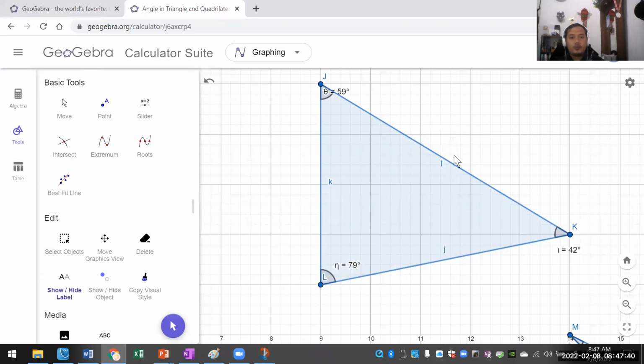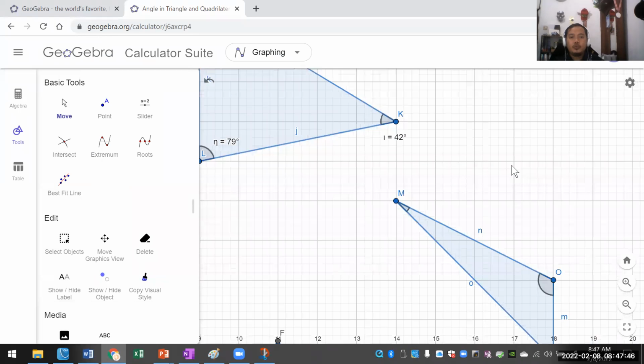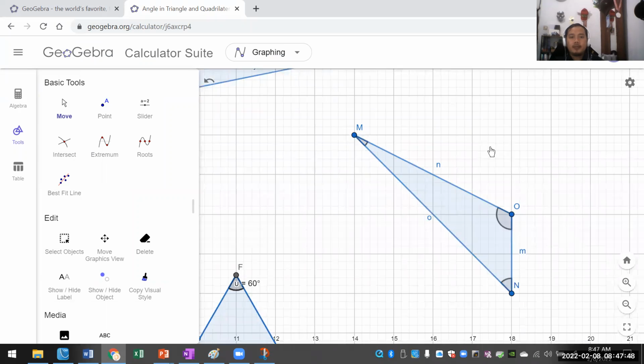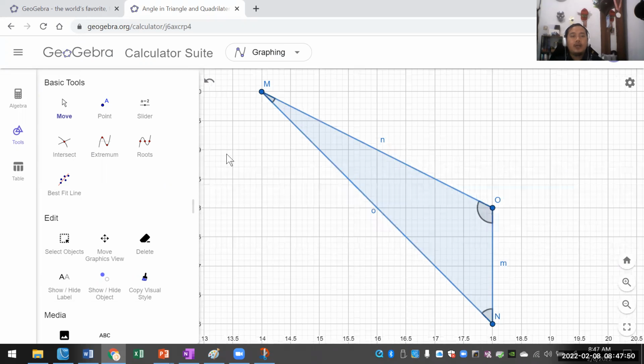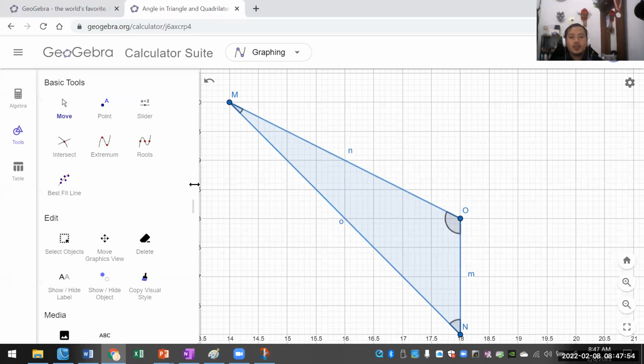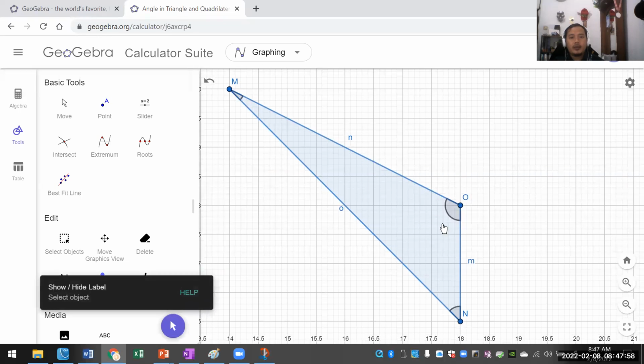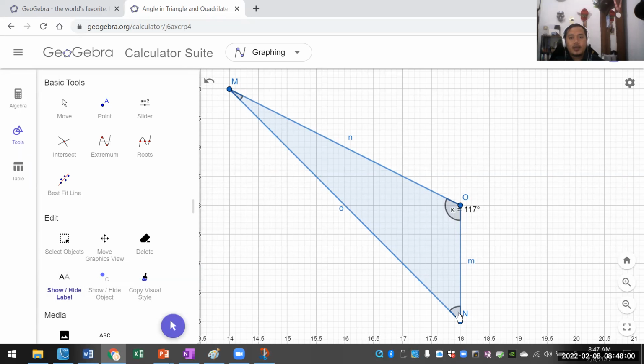Okay, let's go back to the image again. Here we go. So we have this one. I need you to do the same thing with this one. I'm gonna show you the angles, and please, everyone, do the same exact concept like I said before using algebra. I'm gonna show each of the angles, this angle here and this angle here.